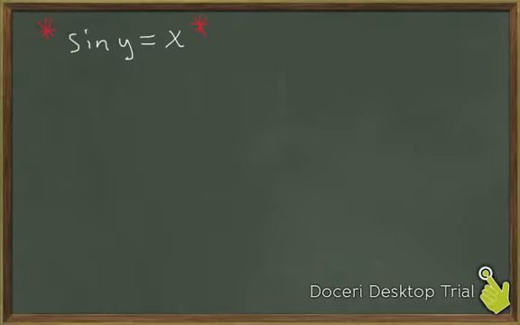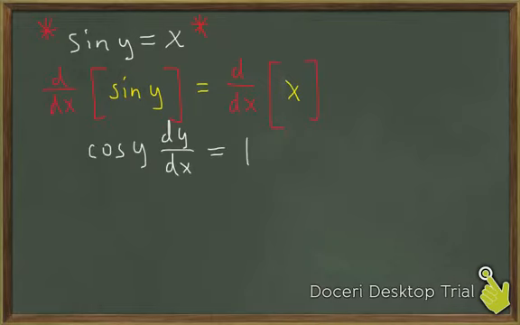From here, differentiate both sides with respect to x. Using implicit differentiation, you cannot take a derivative of sine y with respect to x without attaching a dy/dx. So I'm going to differentiate and attach dy/dx, and the derivative of x is 1.